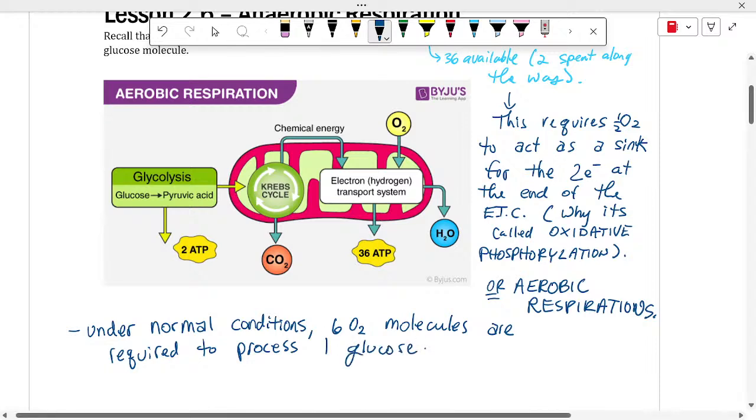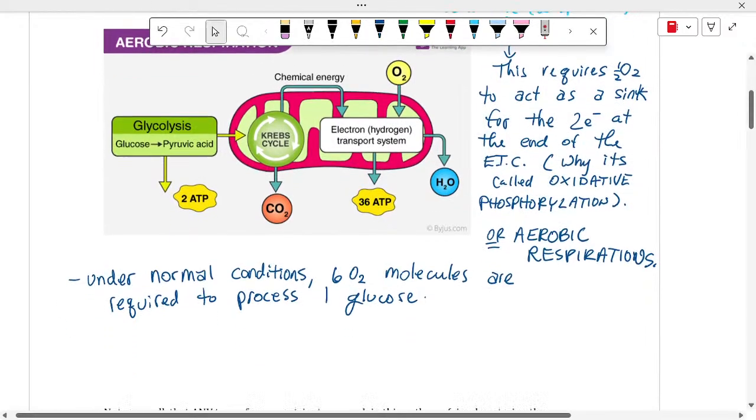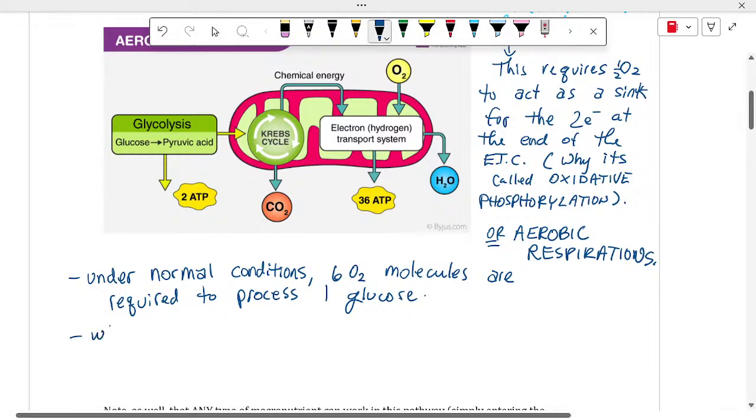If you go back, you can do the math and see that that works with what we've learned. Without O2, the electron transport chain shuts down.